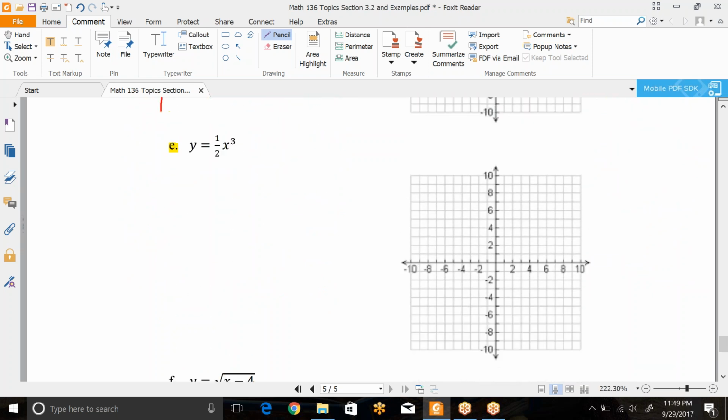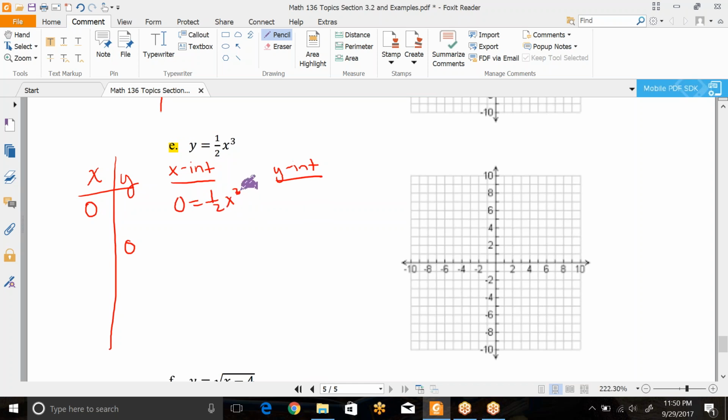And then the last one, because we did the F in class, is the y equals 1/2 x cubed. So we're going to try to find our intercepts first. If I plug in 0 for y to find the x-intercept, I would multiply both sides by 2, which is still going to be 0, and the cubed root of 0 is 0.